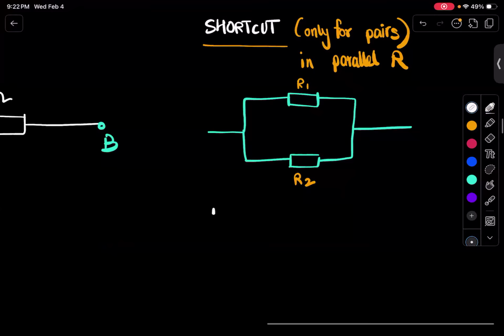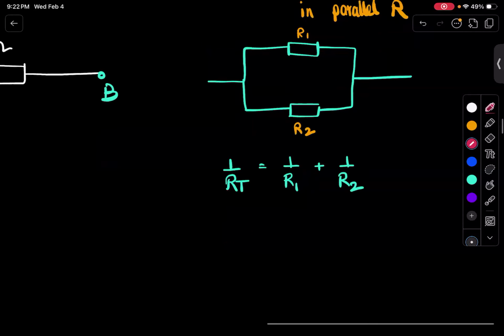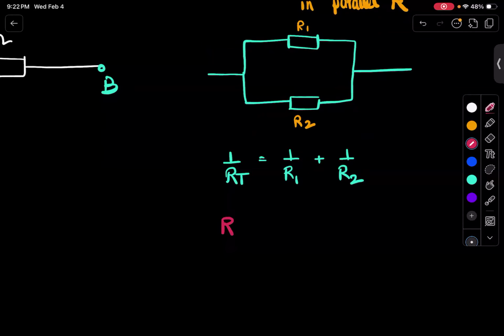Now to calculate RT, you had to do 1 over RT equal to 1 over R1 plus 1 over R2. So that's very long. So I'll write down the original one. This is the real one, the one with proof, okay? But for the shortcut, what you can do is you can get RT by doing product over sum.